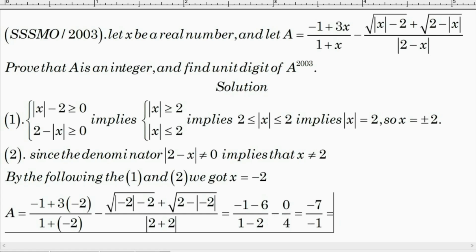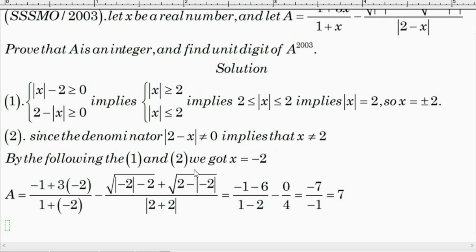So the answer must be equal to 7. Finally we get that a equal to 7 is an integer. That is true, right? They want us to prove that a is an integer. Now a equal to 7 is an integer.